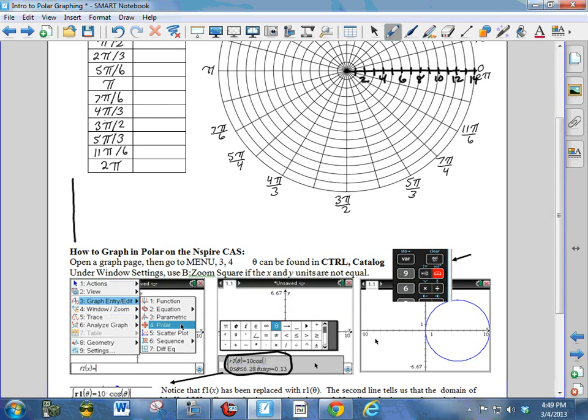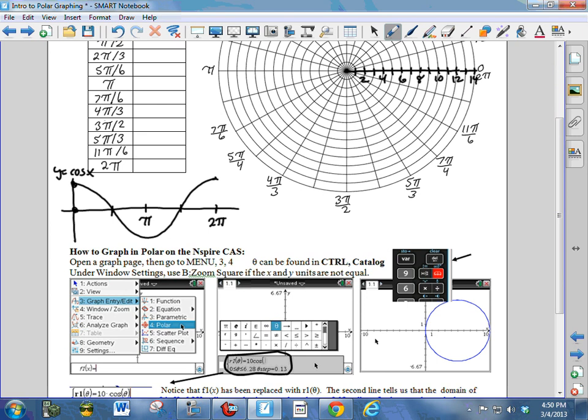So we know in xy form, if we have y equals cosine of x, basically we start out high. Oops, I almost did sine instead. We start out high, it curves down, and it comes back up. And it completes its cycle in 360 degrees, or 2 pi radians. It's halfway through its cycle at pi.